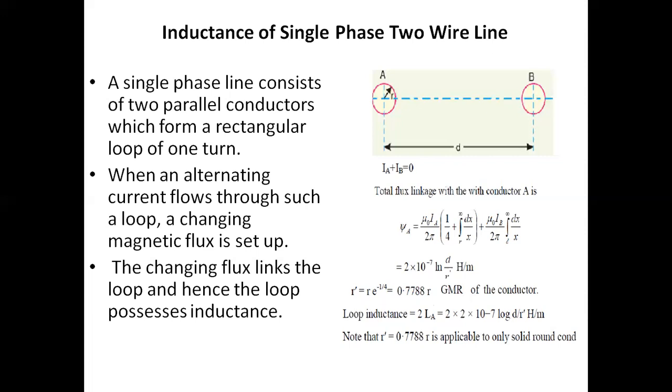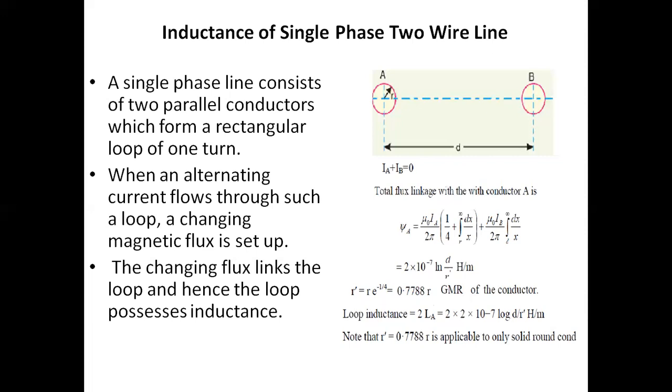The loop inductance is equal to the total inductance of the conductors, that means the inductance of conductor A and conductor B. Both conductors are of the same material, same distance, and same length.